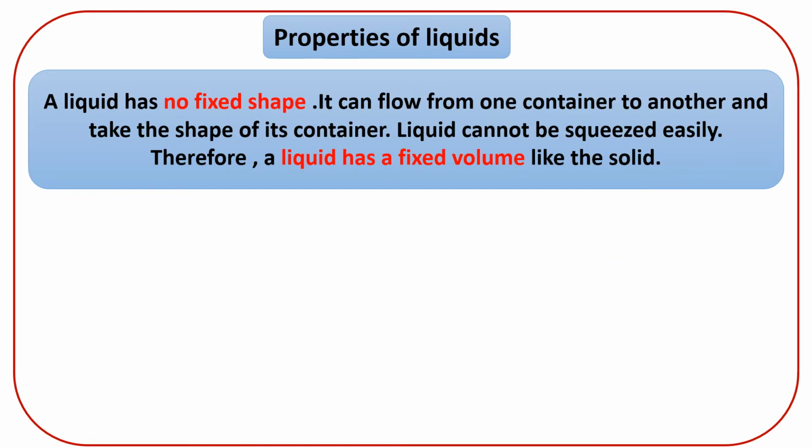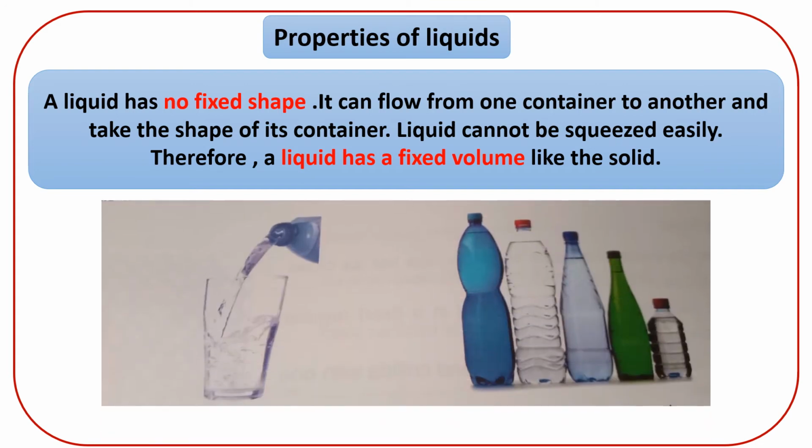Let's move on. Let's look at properties of liquids. A liquid has no fixed shape. As you can see, it can flow from one container to another and take the shape of its container.